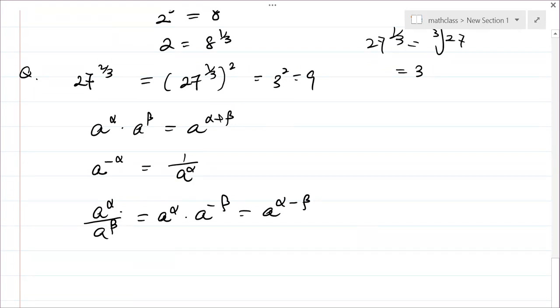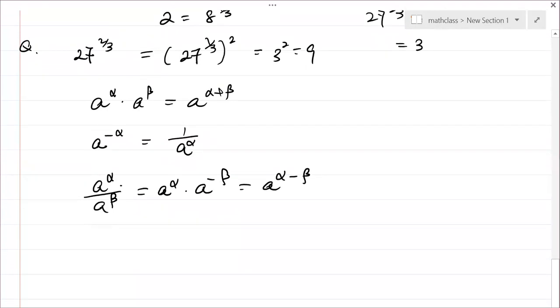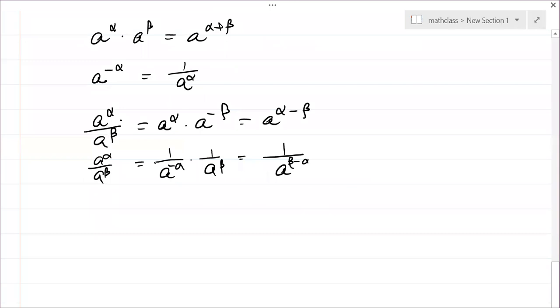You can also express it in another form by moving a to the beta to the denominator, giving a to the beta minus alpha. So there are many ways to express it. Another important thing is a to the alpha, then to the beta, is a to the alpha times beta.